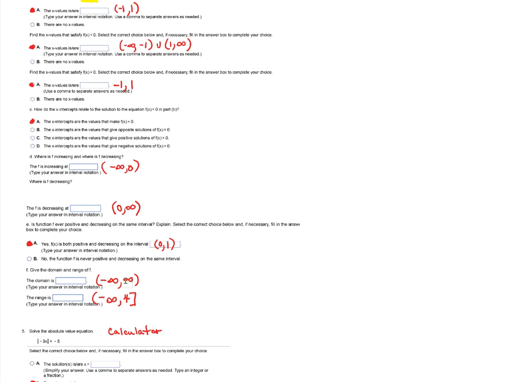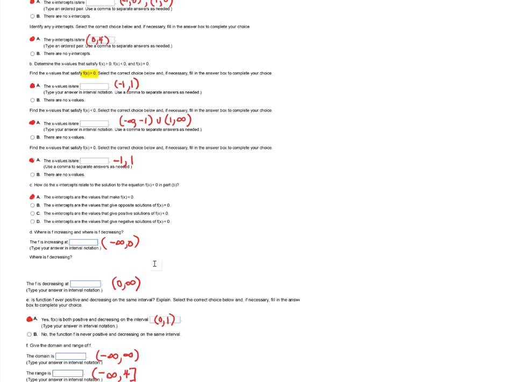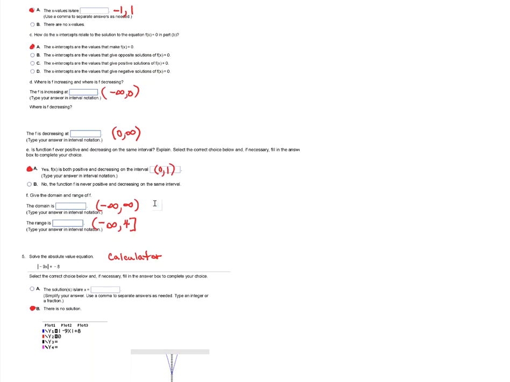Any place where it's positive and decreasing? It is positive and decreasing right there. So that was from 0 to 1. And again, domain and range. Domain is here. Range is negative infinity up to 4.